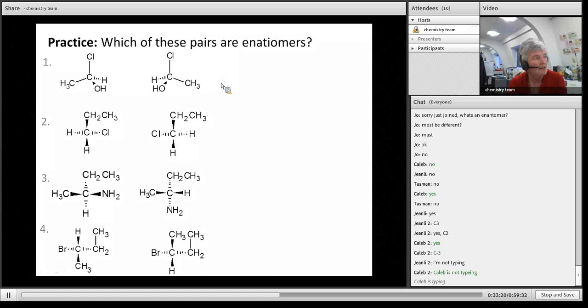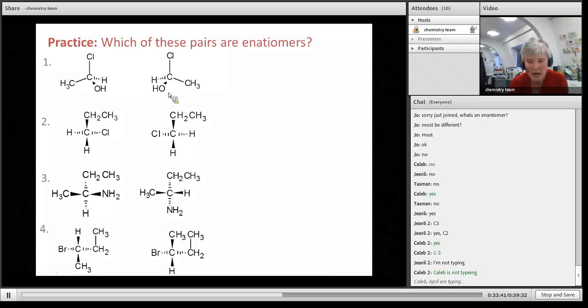Okay, now, obviously, because I said you can do mirror images this way, this first one is a pair of enantiomers. Okay, because this on the right hand side is a mirror image of the left hand side. Now notice how I connect my atoms.